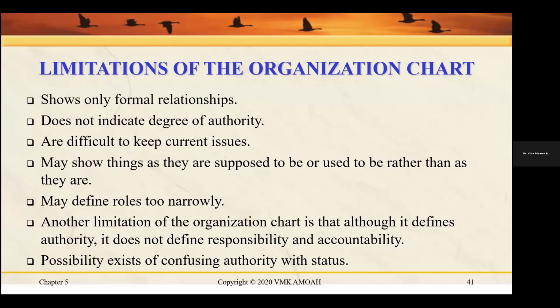It may show things as they are supposed to be or used to be rather than as they are. It may define roles too narrowly. And the possibility exists of confusing authority with status. So that is the limitation of organizational charts.